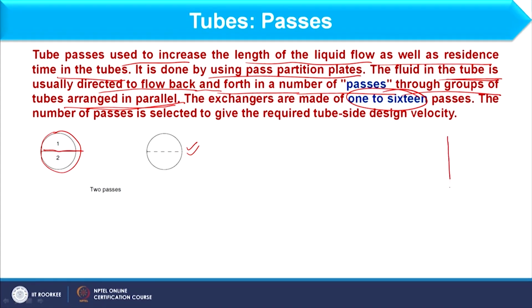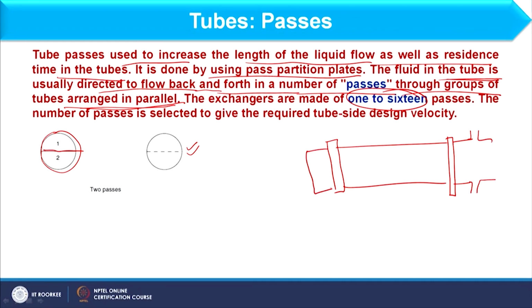To give an example, if this is the fixed tube sheet, this is the heat exchanger, and let us say here I am having the cover. Right, and here I am having the tubes. Okay, and the pass partition plate is available here. So, whatever fluid is coming, it will be addressed to the tubes available in this region.